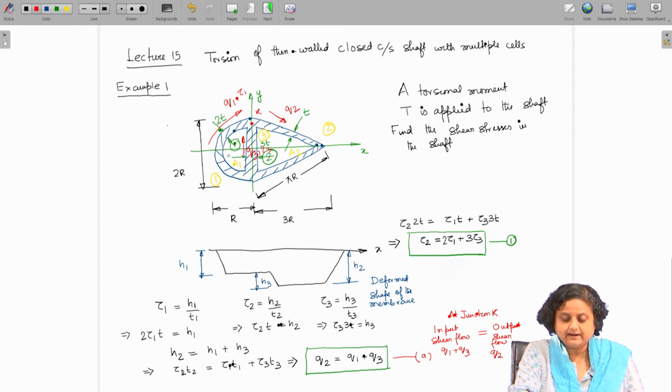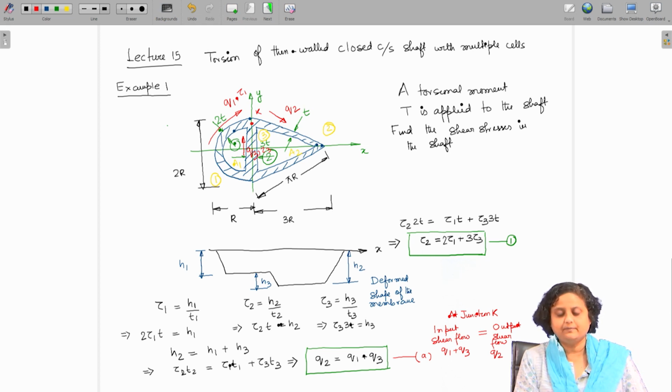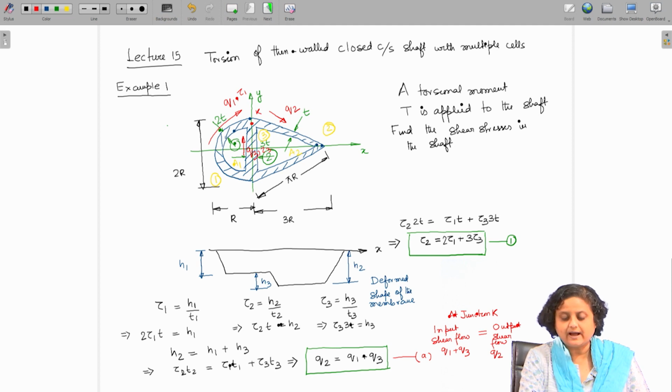So, we have to maintain one direction as we have discussed in the earlier lecture. If we are moving in cell 1, we are moving in the clockwise direction, which is considered positive. Therefore, we have positive tau 1 into half the circumferential length, which is pi r.